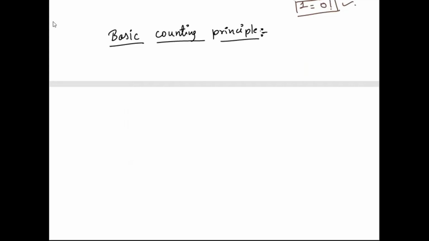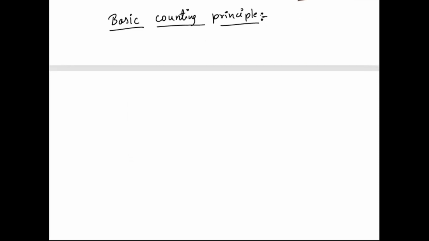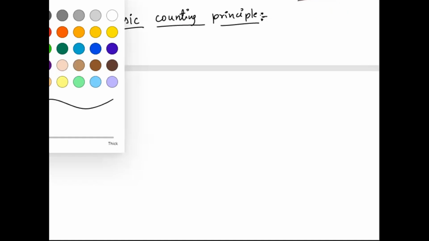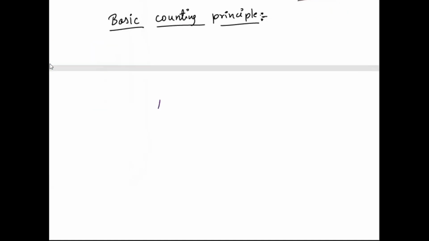What exactly is this? Let's try to understand it with a scenario. Let's say there are 3 cities, A, B, and C, and they're connected by roads, something like this. From B to C, it is this, right?